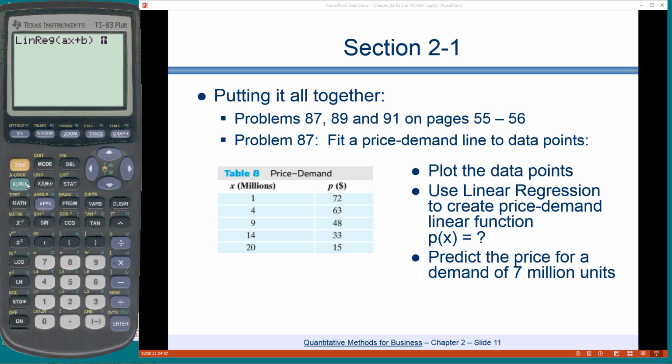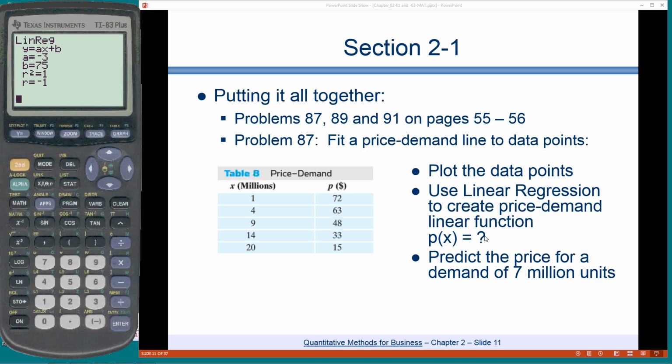So I'll click second, number 1, and it puts L1 in there. Comma, I'm going to tell it to use list 2 for the Y values, and again, I'm going to use this L2 above the number 2. So I'll do second, number 2 for L2. Now I can hit enter, and it'll do the linear regression using these values which I typed in list 1 and these values for Y that I typed in list 2.